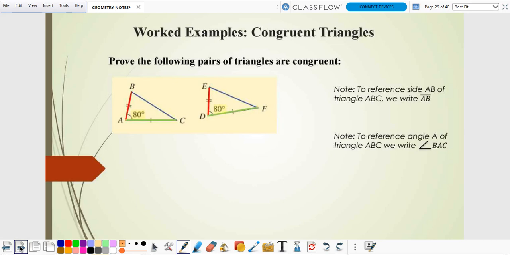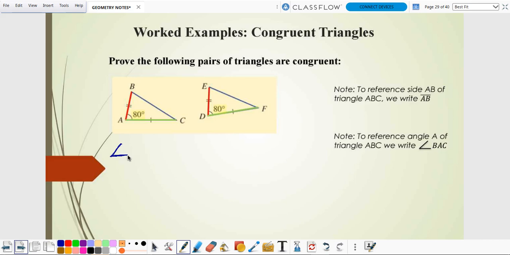Let's do this one. Actually this one's really easy, but let's do it anyway. So what's the same in this triangle? Angle. Okay, so let's start with that. Remember, when you refer to the angle, make sure you use this shape and you denote it using that shape.